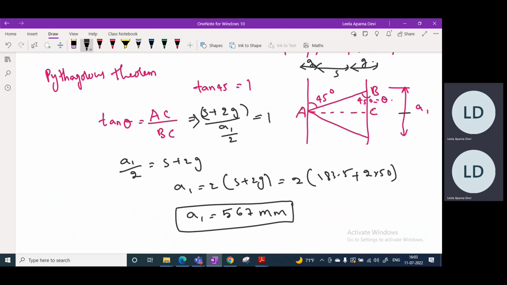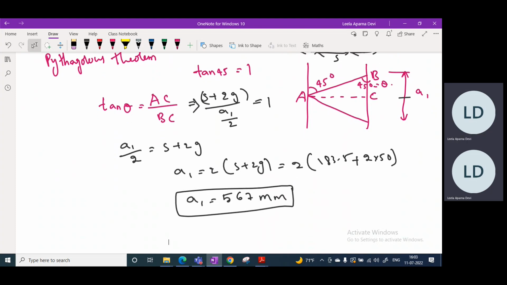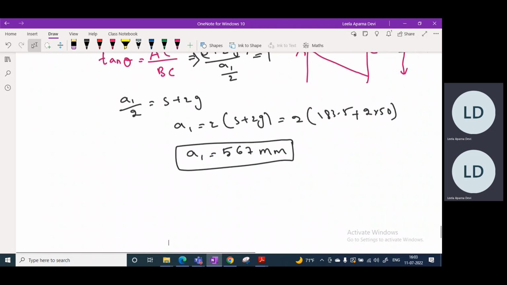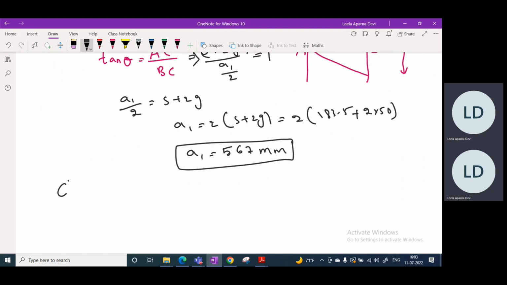And in the next step, now we need to check whether the spacing which we have provided is sufficient or not to avoid buckling. So there is a check for buckling.